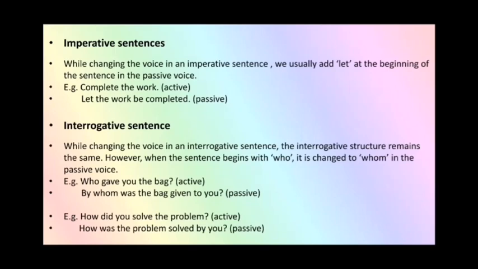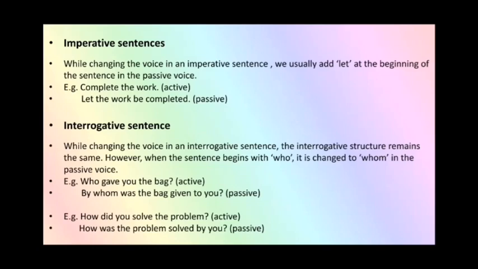However, when the sentence begins with "who", it is changed to "whom" in the passive voice. Suppose the interrogative sentence in the active voice is beginning with "who". While changing it into a passive voice, you need to change it into "whom".